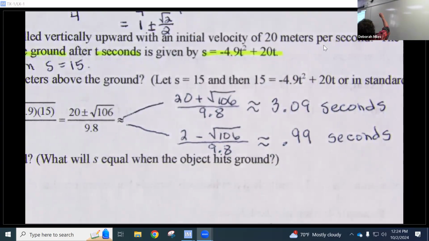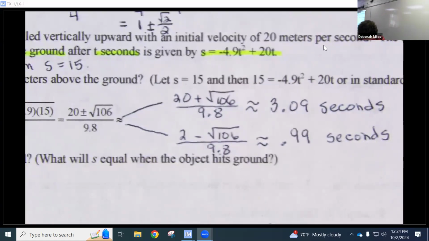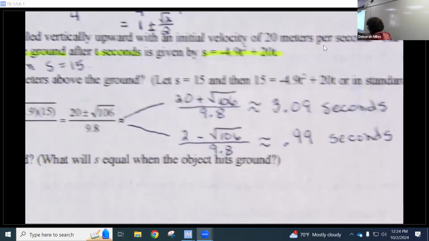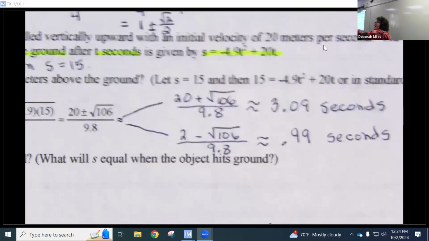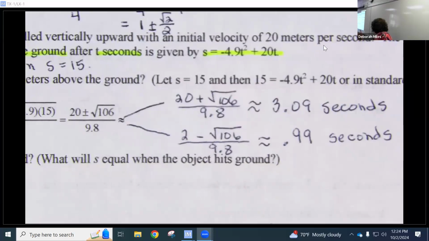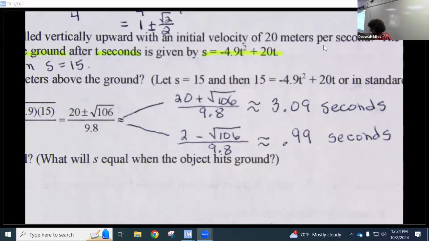It would go up, up, up, and then it would come down. We've popped up balls before. So how are there two answers to that question? It's 15 meters high on the way up, and then it's 15 meters on the way back down.